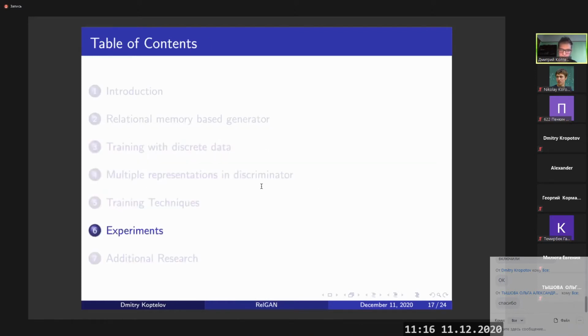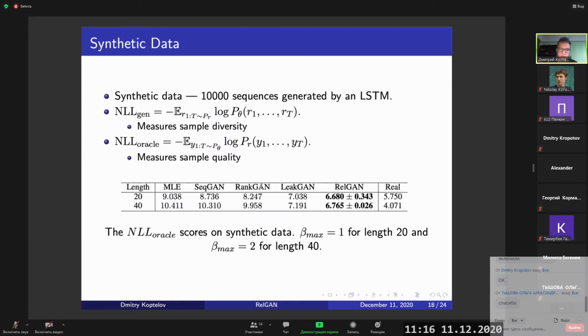About the experiments of the authors, they first experimented with synthetic data. It's 10,000 sequences generated by a trained LSTM. And they use such metrics, negative log-likelihood: one is the expectation of the generated sequences over real sequences, and the other, NLL oracle, is the expectation over generated.